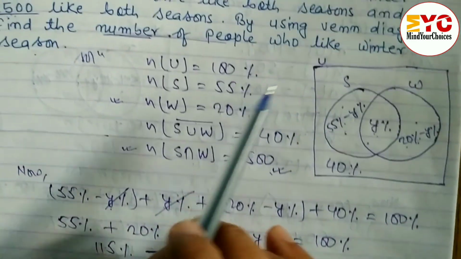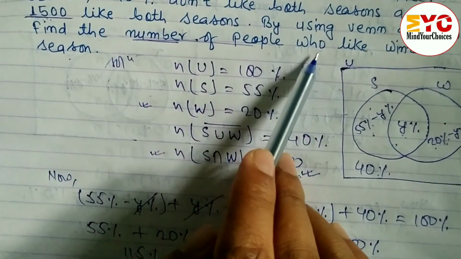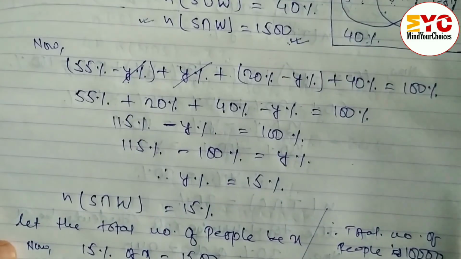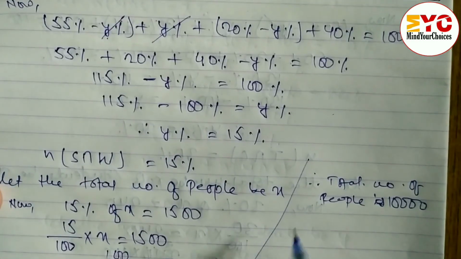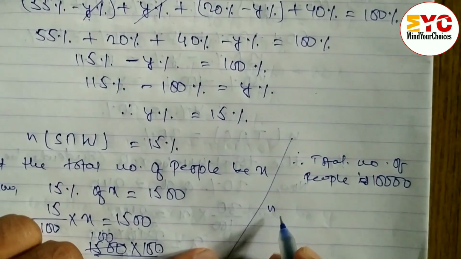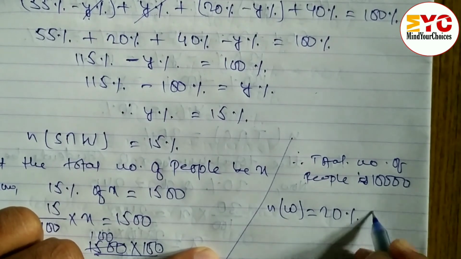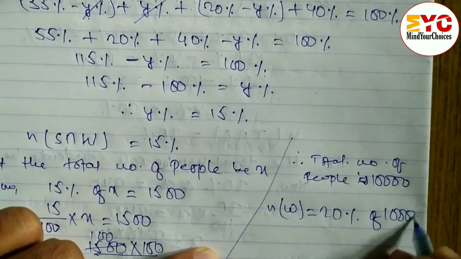But what we have to find in the question is the number of people who like winter season. Winter season how much? 20%. So we have to find, in the form of a number, 20% of 10,000.